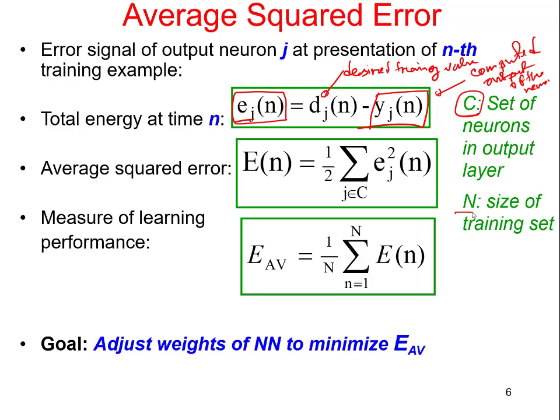The half comes from the formula, which is the summation over each neuron in the output layer C of its own squared error, computed in the previous example.